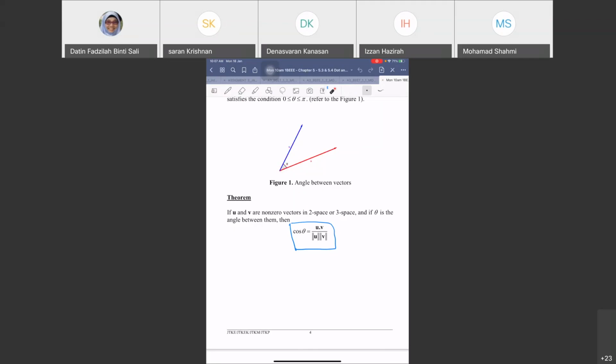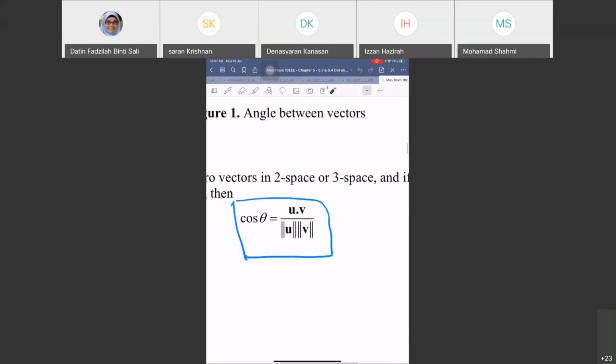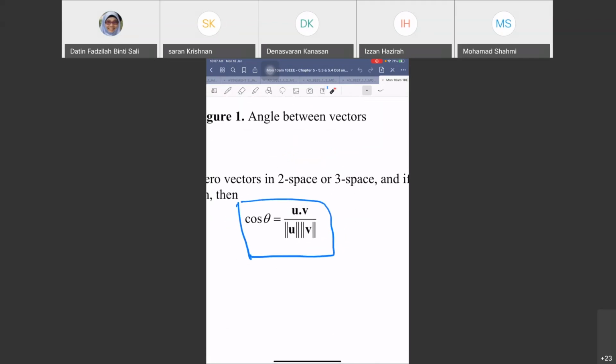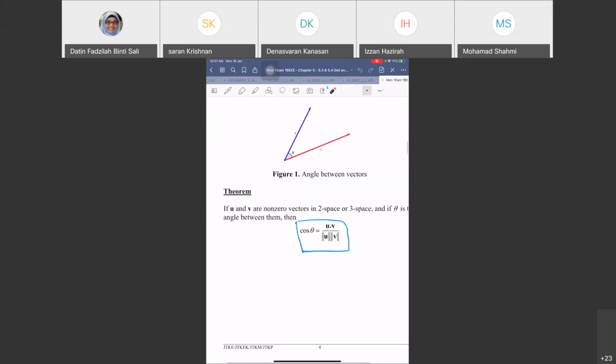That's why you have this type of definition for the dot product that involves an angle. If the question asks us to find the angle between two vectors, we are using this definition or theorem for the dot product.